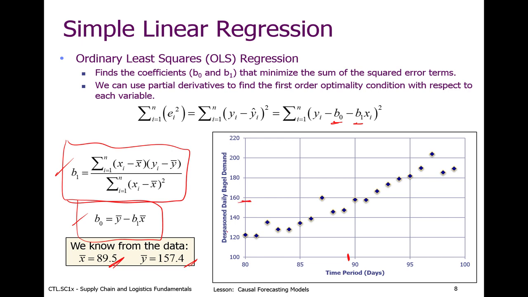Well, by doing this line, I also know that I will always go through that point. I will always go through the point x bar, y bar, the means of the x and y values. My line will always go through there because what I'm doing is minimizing these things around the average.